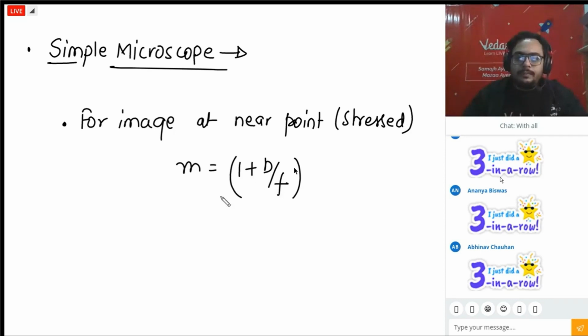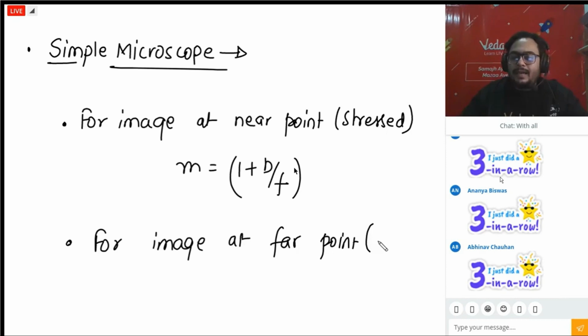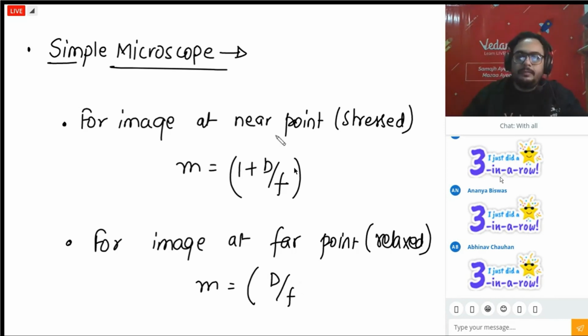Okay. And for image at far point, in which case the eye is relaxed, the magnification will be d by f, simply d by f. Okay. Just note down these formulas. They are important to solve the questions.